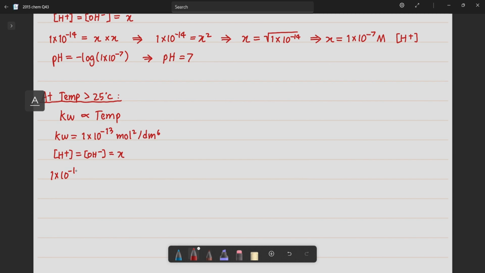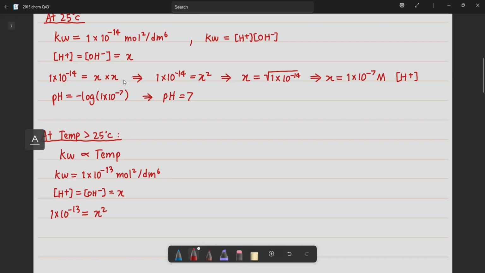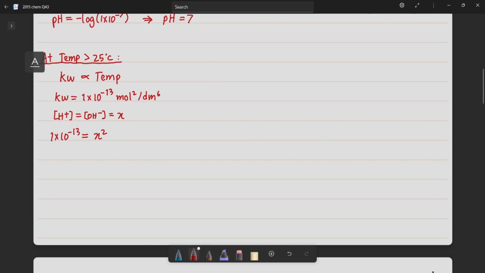Okay, so minus 13, because we know that as temperature increases the Kw value increases, meaning it gets less negative in the power, so the value increases. If we multiply x and x, just as we did over here, we get x squared.